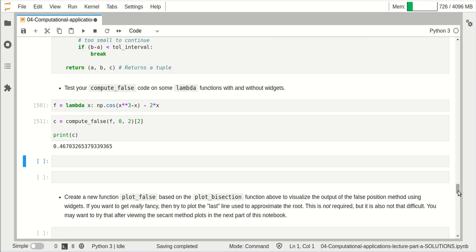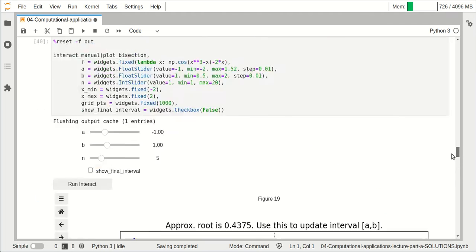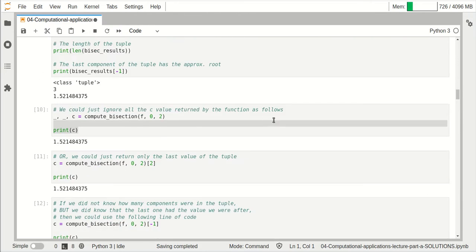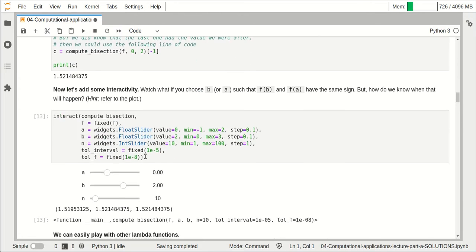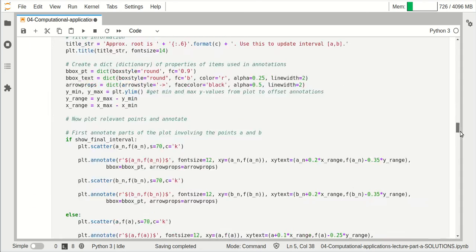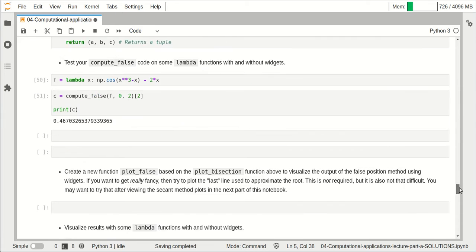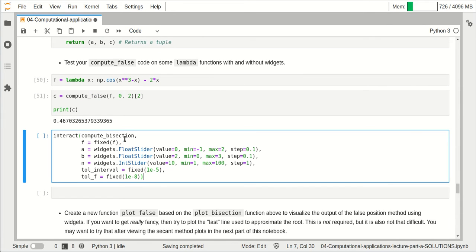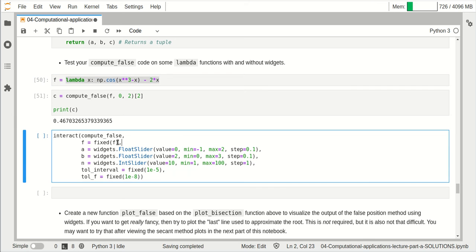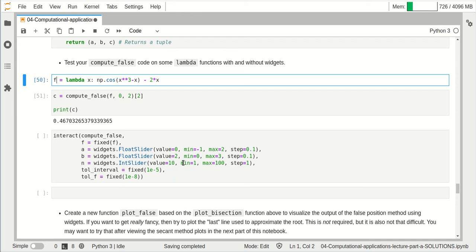To do it with interactivity, you could copy and paste again stuff I did above, where I showed some interactivity of just this computing. Let me grab the interact function and bring it down. There's a lot of copy and pasting, just some simple editing. You have to make sure to edit things correctly though. This should be compute false. This should be the Lambda function. Since I already defined f here, I could do it just like I have here.